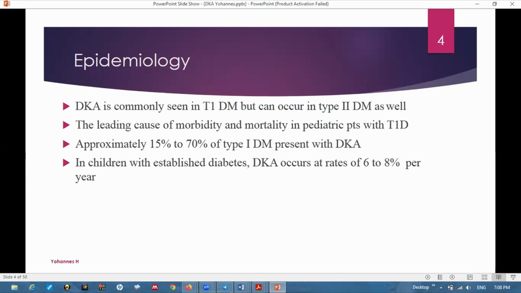Most of the time, 15% is for developed countries, and 50 to 70% is for developing countries. Like in our setup, most of them, around 70%, present with DKA. Initially, in children with established diabetes, DKA can occur around 6 to 8% per year.